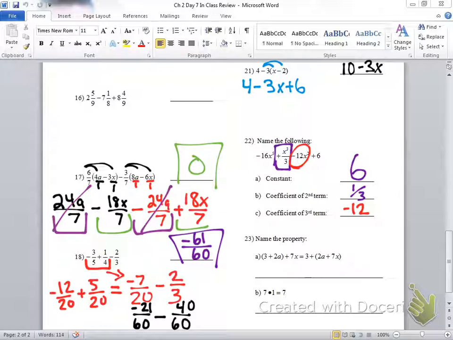What property am I using on 23A? Yes, this is the associative property of addition. You can tell because what's in parentheses changes. So it was the 3 and the 2a. Now it's the 2a and the 7x. All with addition. So associative property of addition. What's B? Identity.